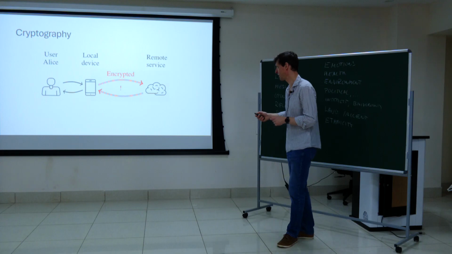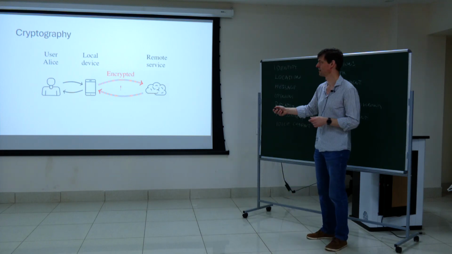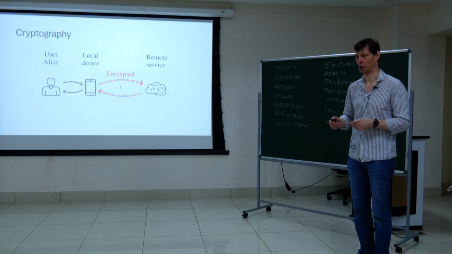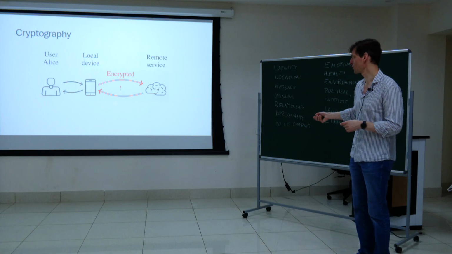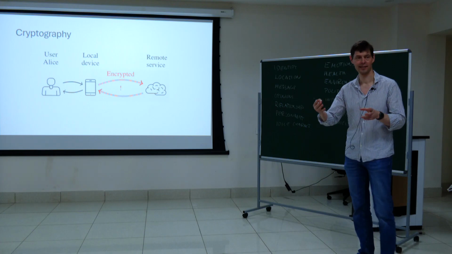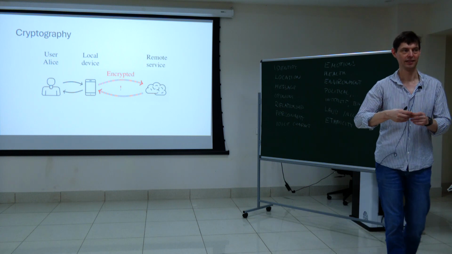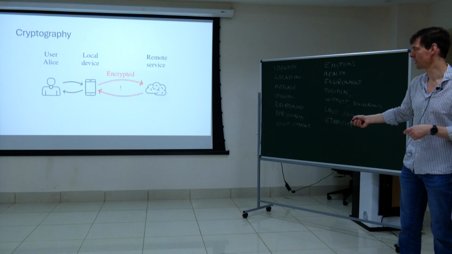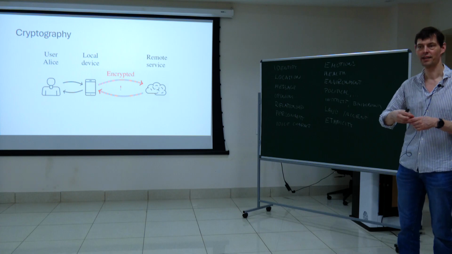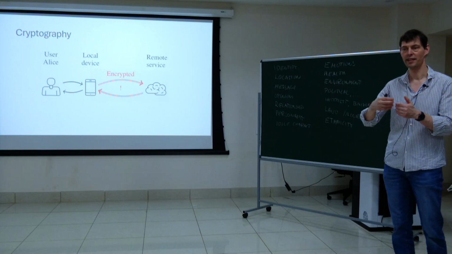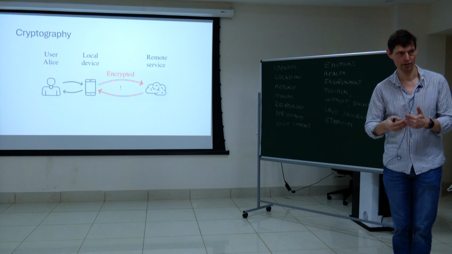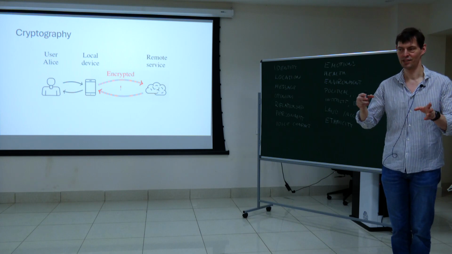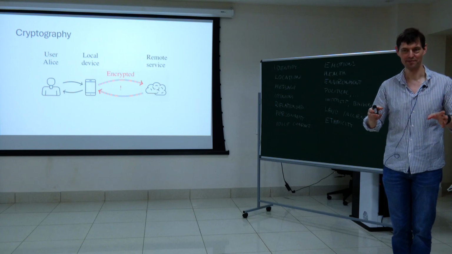Now if we encrypt even the message in the local device, and with some very special cryptographic methods, we can analyze that encrypted signal in the cloud, and then send the encrypted response back to the local device, and then only the local device can decode the response. So the cloud service does some processing, but it doesn't know what it did.